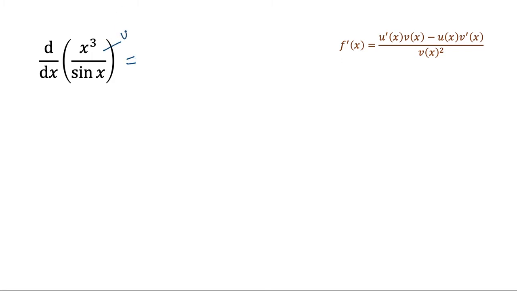So you see this is u(x). This is v(x). So u prime x, that is the derivative of x cube, which is 3x squared, times v(x), which is sin x, minus u(x) remains and the derivative of v(x), which is cos x, and divide everything by the square of this.